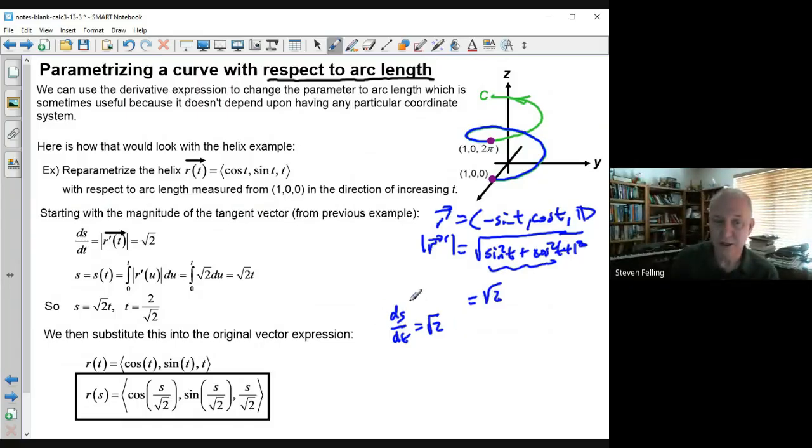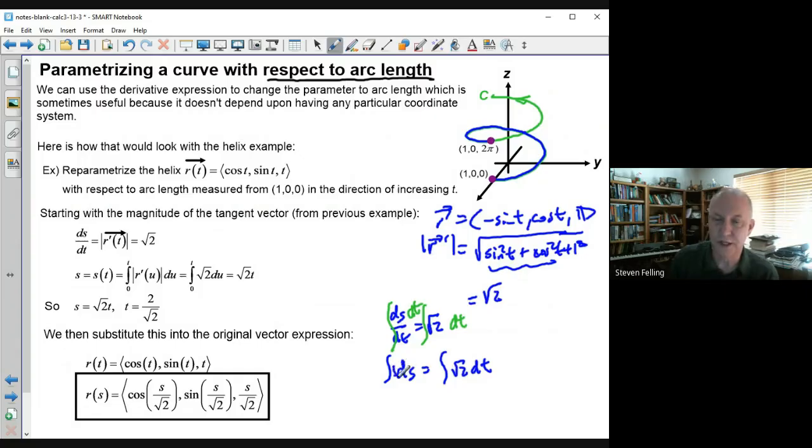And then to find this vector, I'm going to take the integral of both sides with respect to t. This would be taking the integral with respect to s, and taking the integral of the square root of 2 with respect to t.